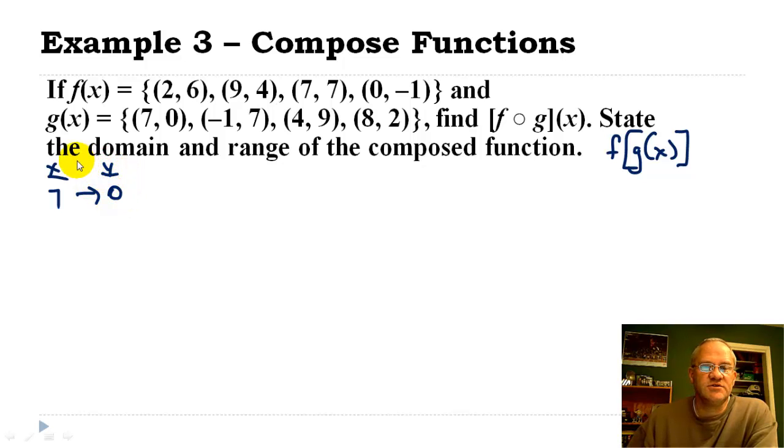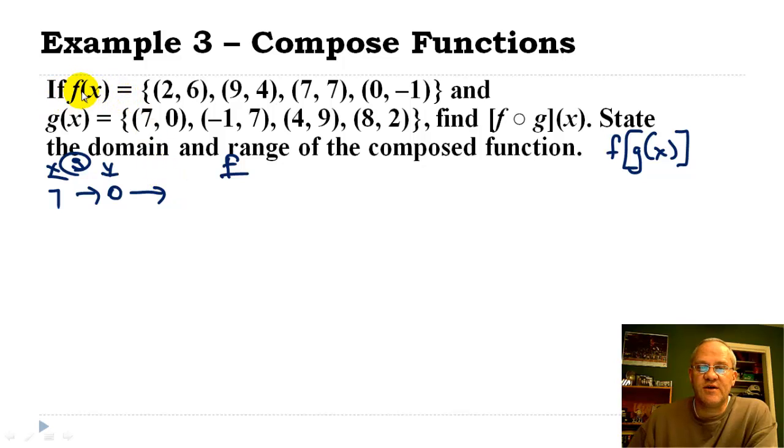I should have left myself a little more room here, but this is in the g function. So we said the x was 7, which means the y is 0. Then I'm going to use the y, the 0, because that's what g of x is, and I'm now going to plug that into the f function.